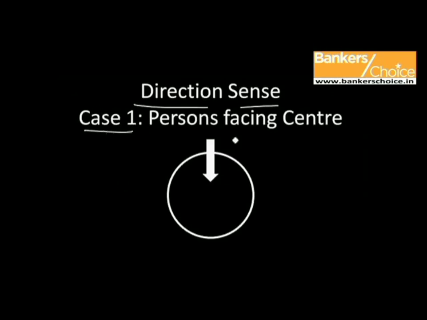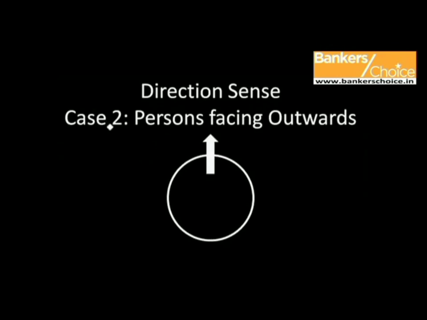For case 1, where persons are facing center, the left of a person is in the clockwise direction, whereas the right of the person is in the anti-clockwise direction. Similarly, in case 2, when persons are facing outwards, as shown, the left of a person is in anti-clockwise direction, whereas the right of the person will be in clockwise direction.